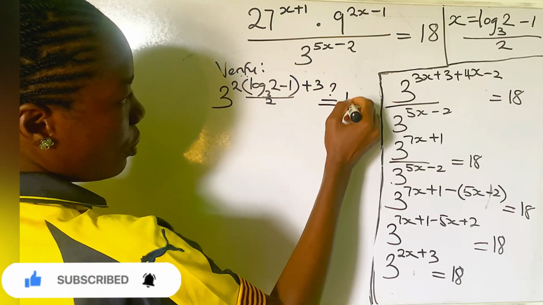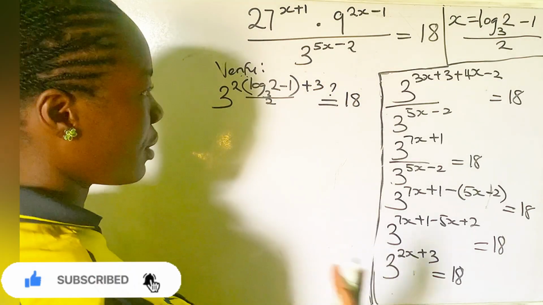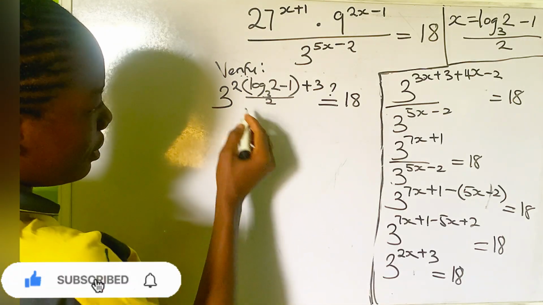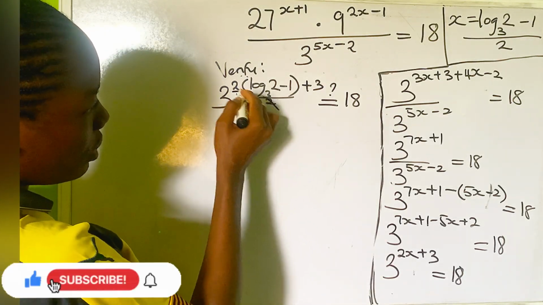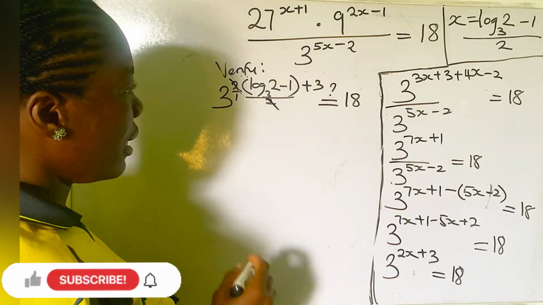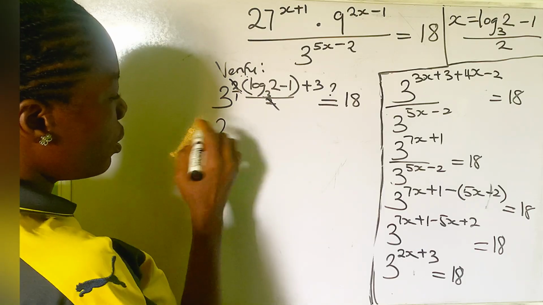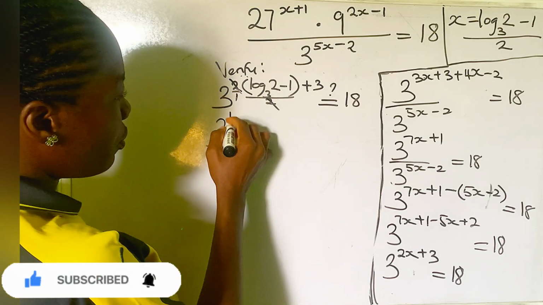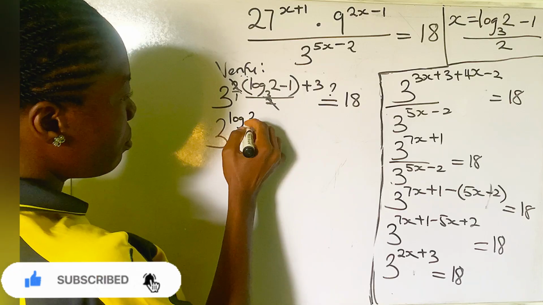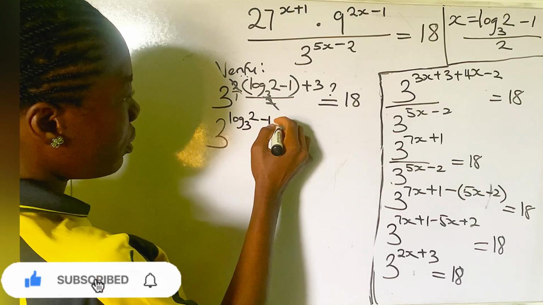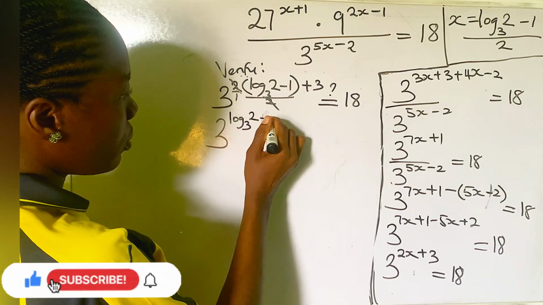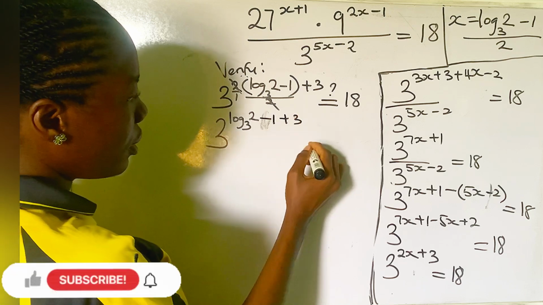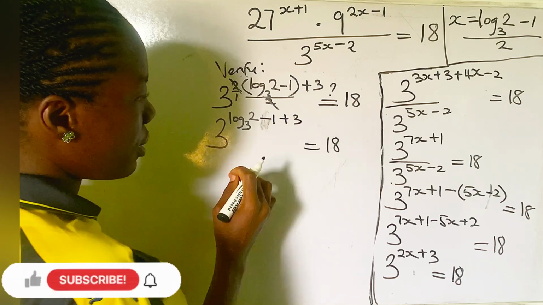Now, is it equal to 18? Looking at this, it is over 1, so this would cancel this. We are now left with 3 raised to the power of log 2 base 3 minus 1 plus 3 is equal to 18.